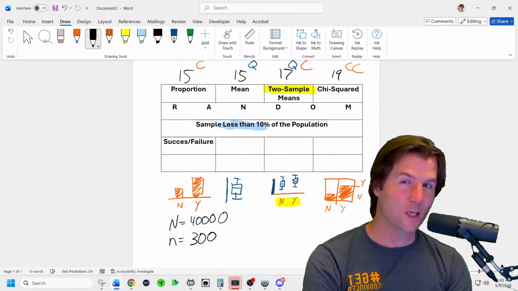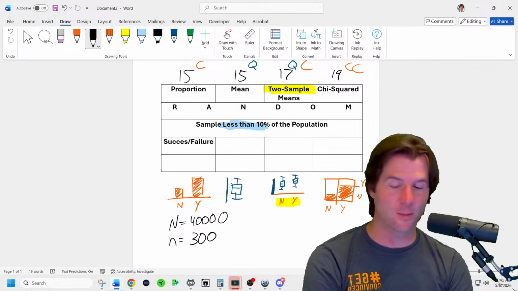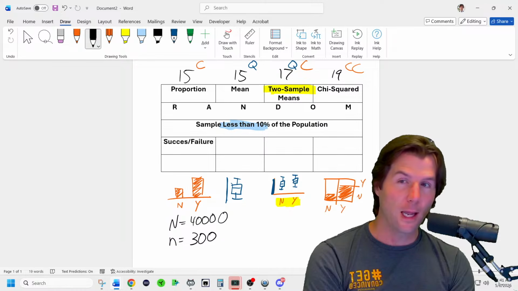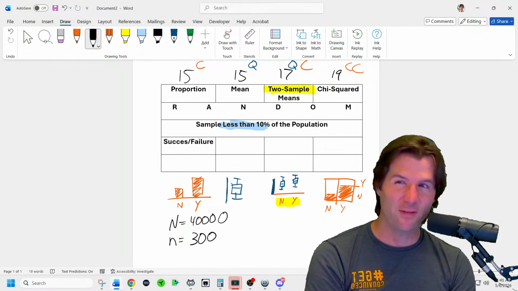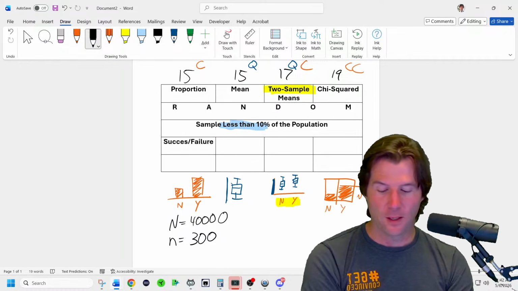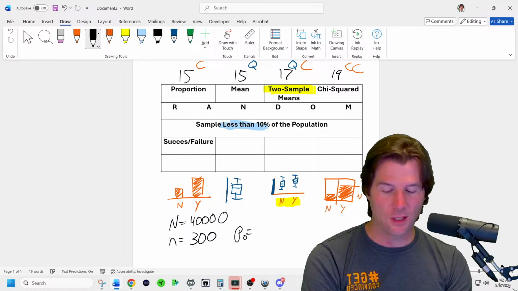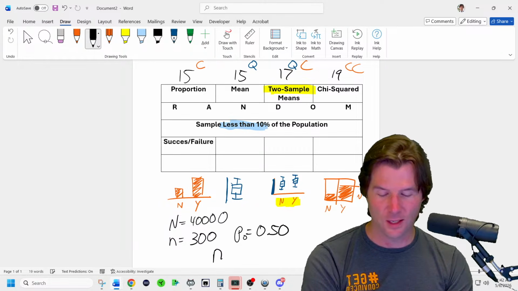So we've definitely passed the 10% condition because we sampled less than 10% of the UT population. Now, from my sample, Brian believes that half the students like Taco Bell. So that would make p naught equal to 0.50. So when you do the success/failure condition, it's that n p naught is greater than or equal to 10.